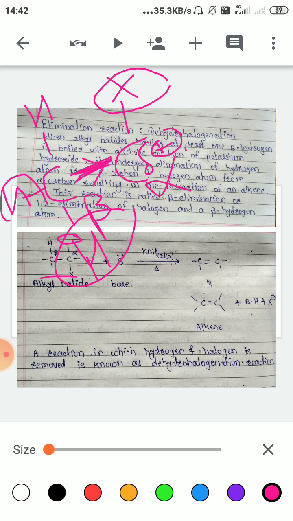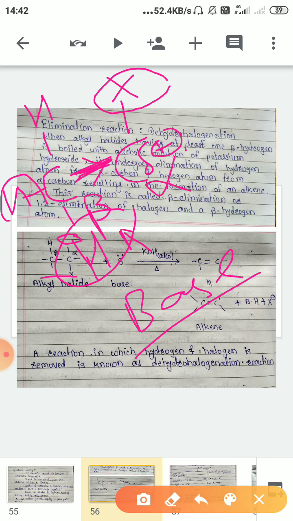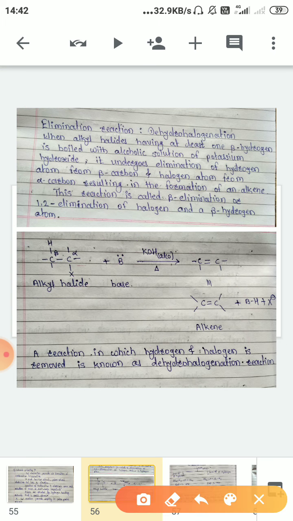Therefore these protons become acidic, and these acidic protons can be easily abstracted by the base. Generally we use NaOH or KOH.